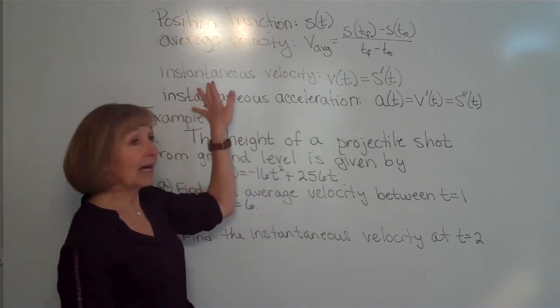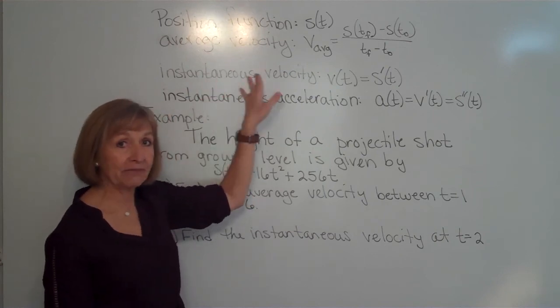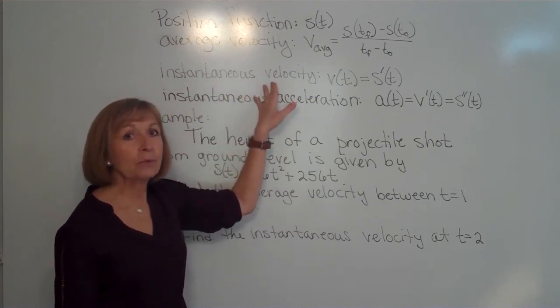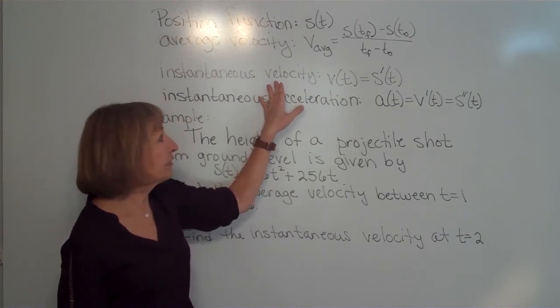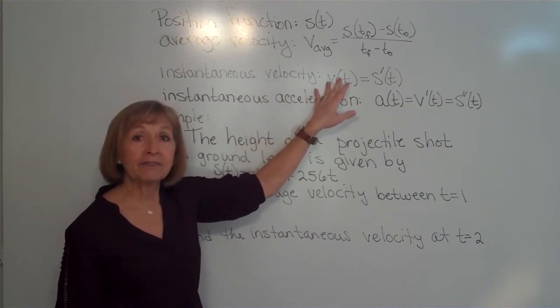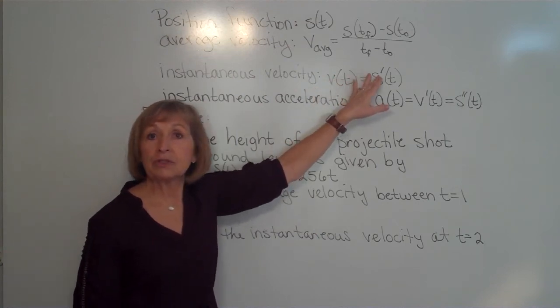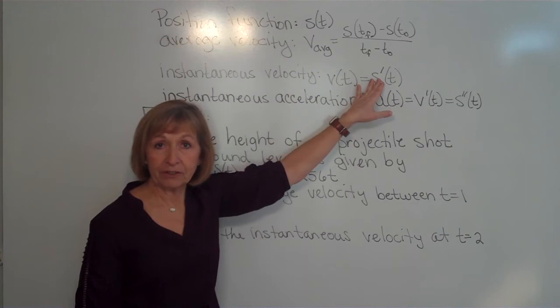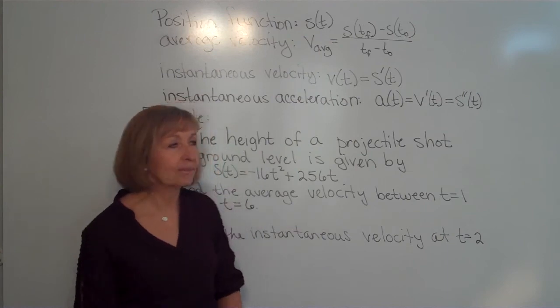If I'm interested in finding the instantaneous velocity, that's when we apply the calculus to our position function: the instantaneous velocity function is equal to the derivative of the position function. And then I would just evaluate that function at the given time.